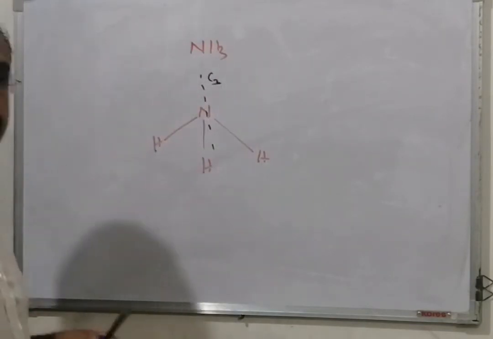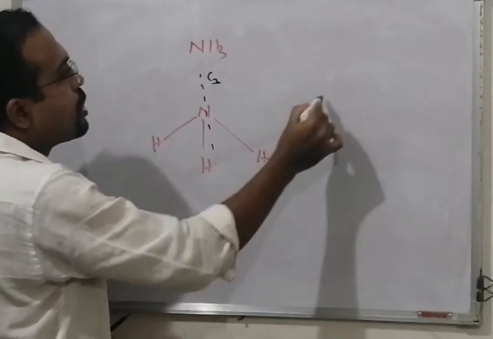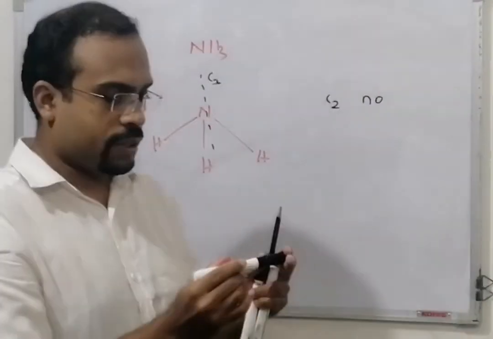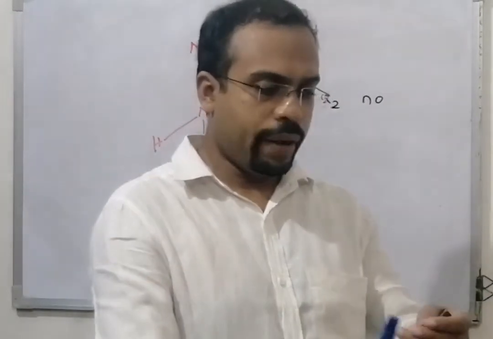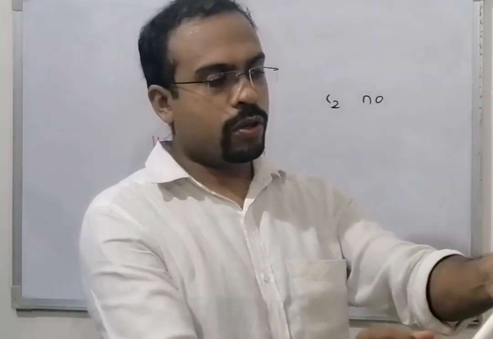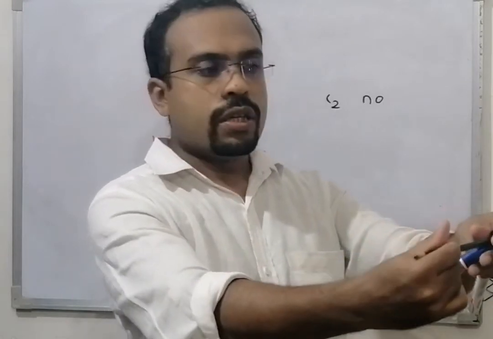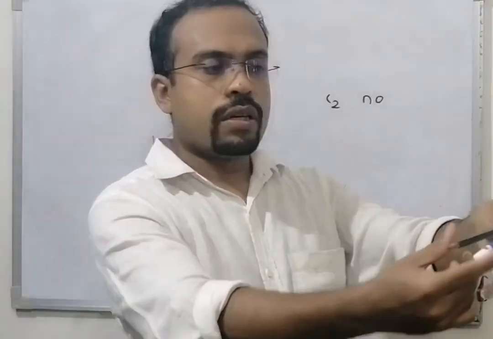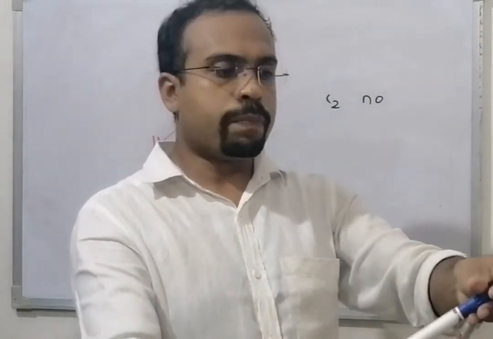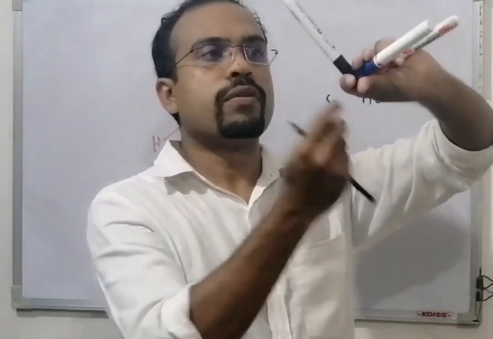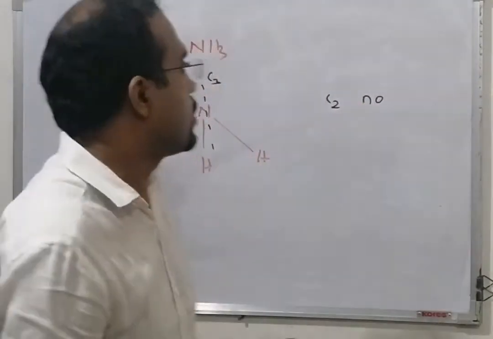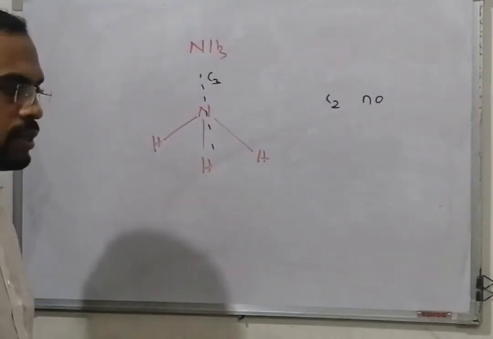But it has no C2 axis. C2 axis means, suppose I rotate, all up, all down become up. When down becomes up, there is nothing. Therefore, it has no C2 axis. It has only a C3 axis.